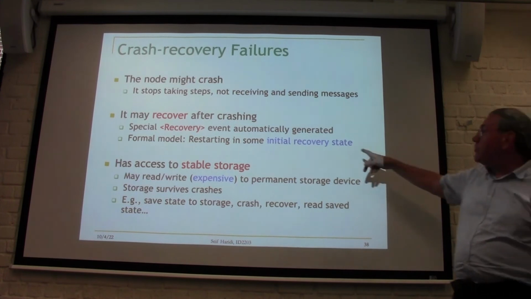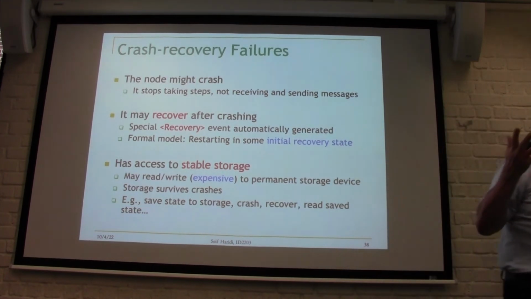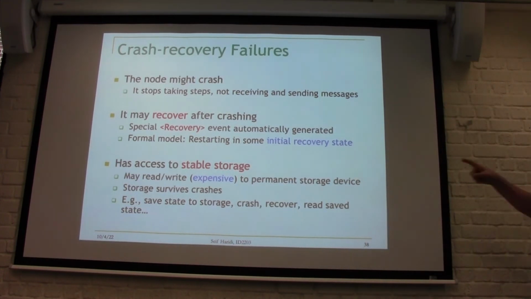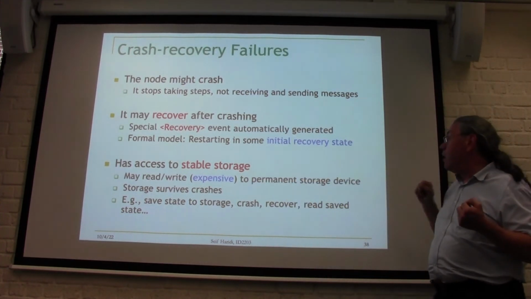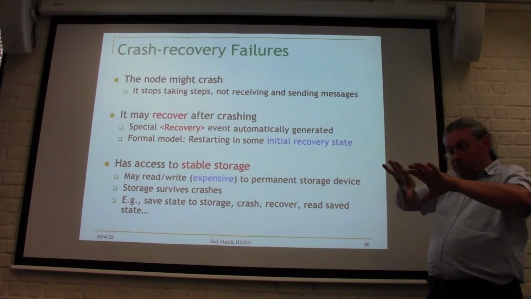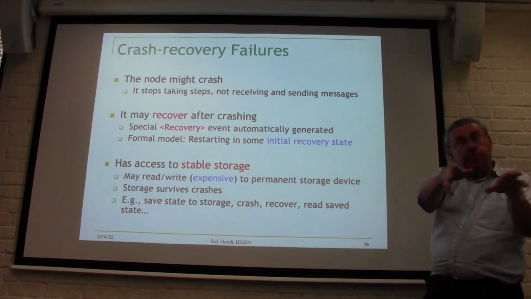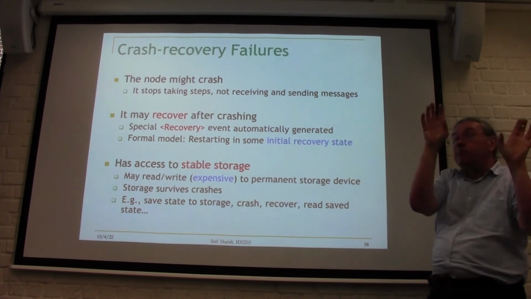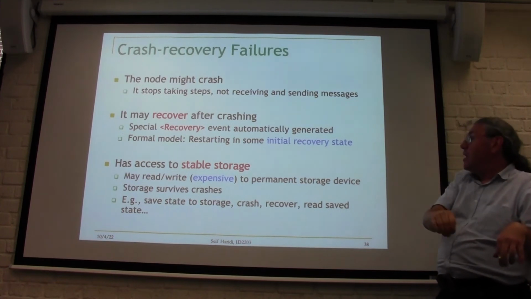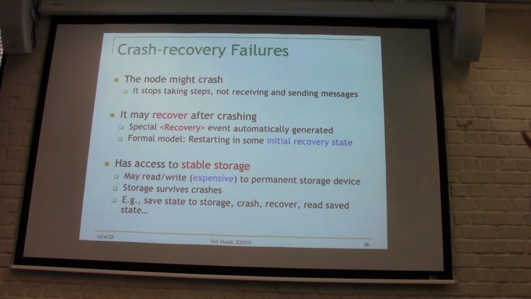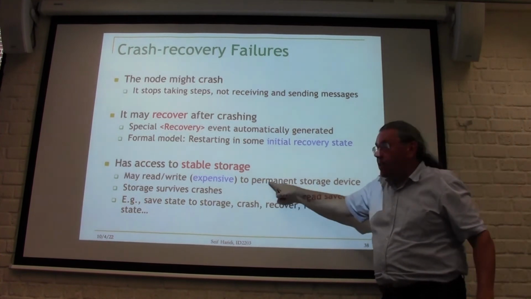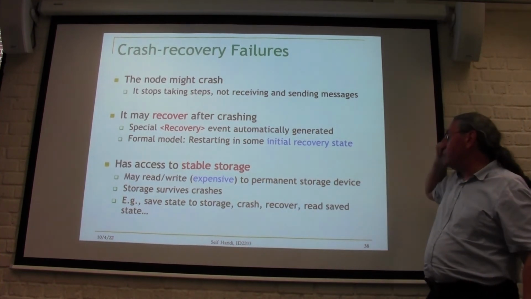It restarts in some initial state. And in addition to that, there is some stable storage, which doesn't go away. So the node's memory is two parts. There's a temporary memory, which disappears when the node crashes, and there's a stable memory, which does not disappear. That one is completely normal, it's never crashing. So this is like a disk, a permanent storage device.